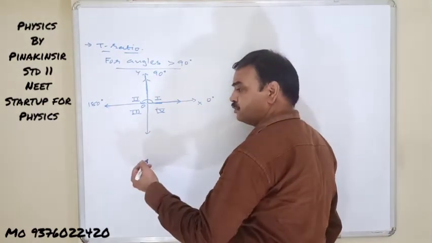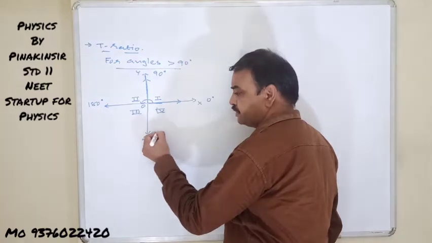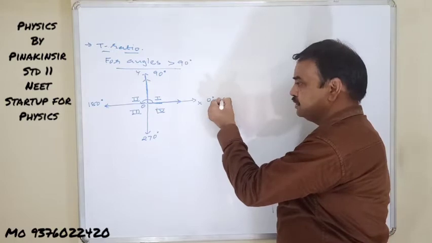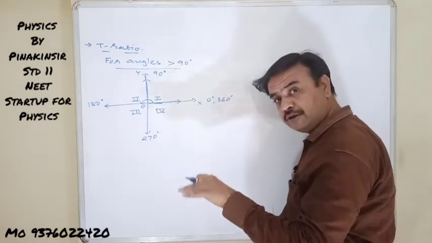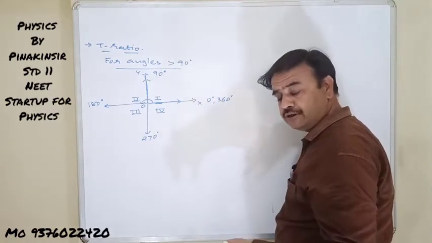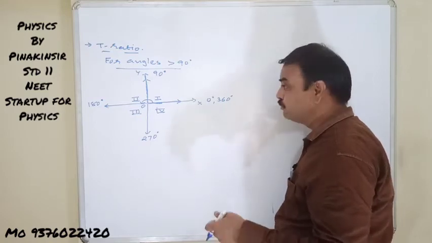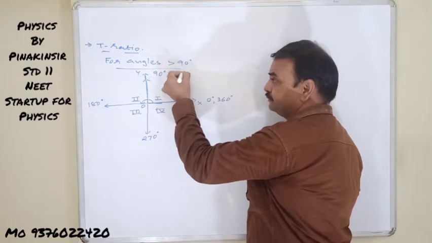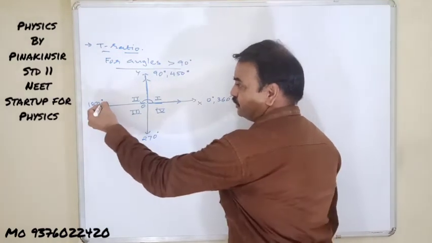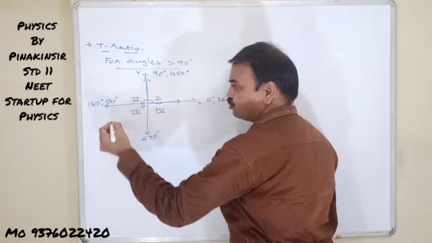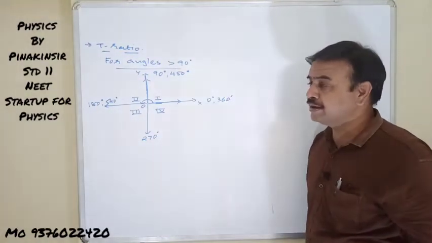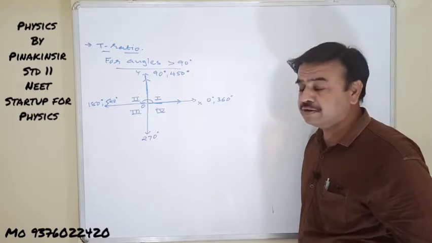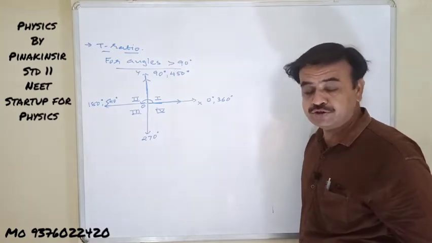Same way, if we further rotate it, here it will be 270 degrees. Again, a full rotation gives you 360 degrees. And if that ray rotates further above 360, then here it will be 450 degrees, and here you will get 540 degrees and so on. That means the angle may be anything, and you will come across this type of angles, and you have to find trigonometric ratios there.